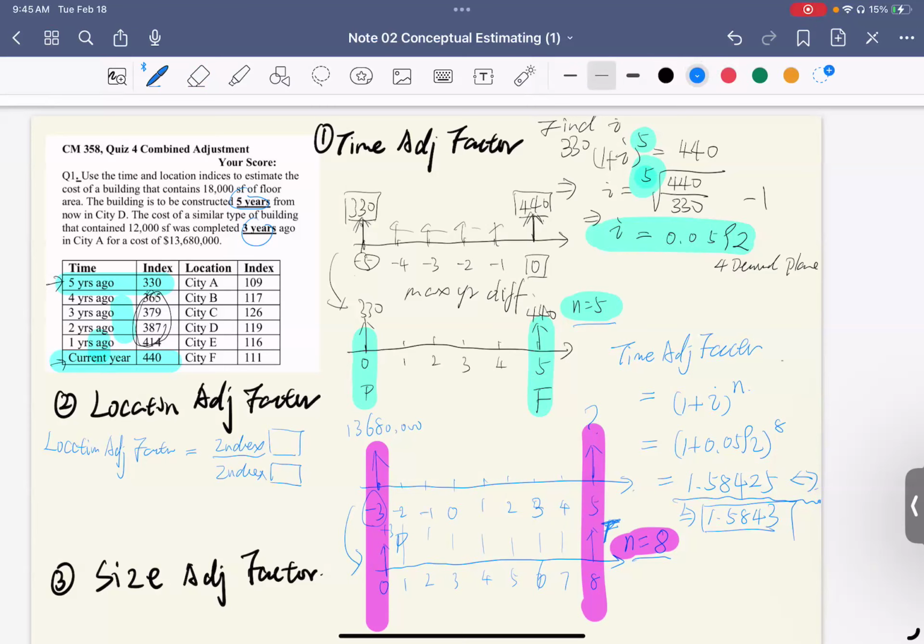Who can tell me that? The city Madison? A and city F. Okay, which one is over the bar? F?